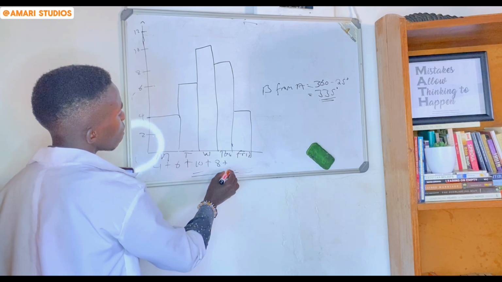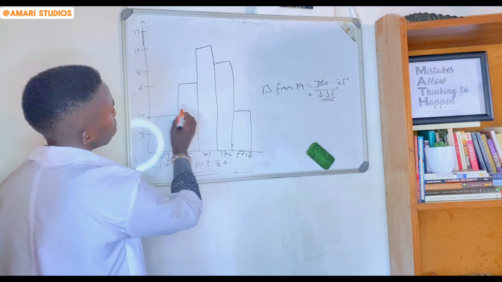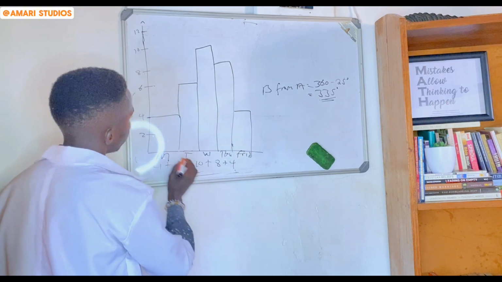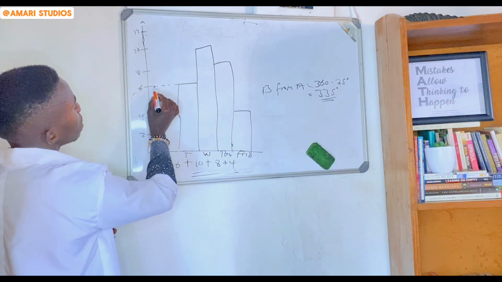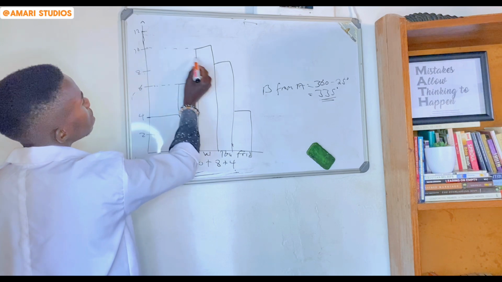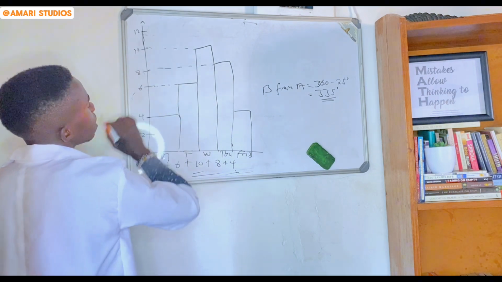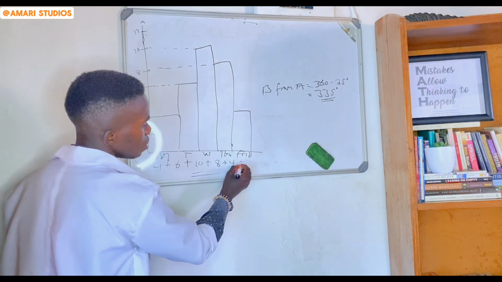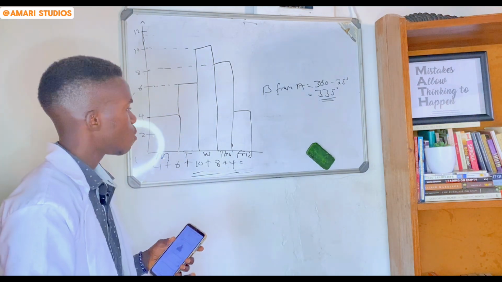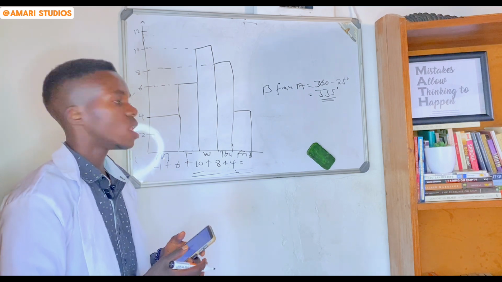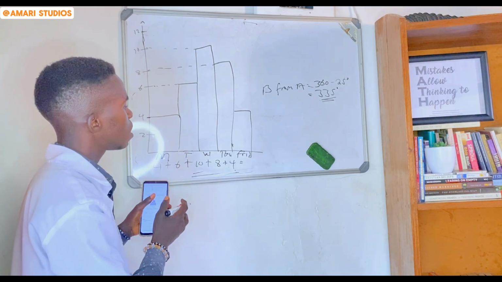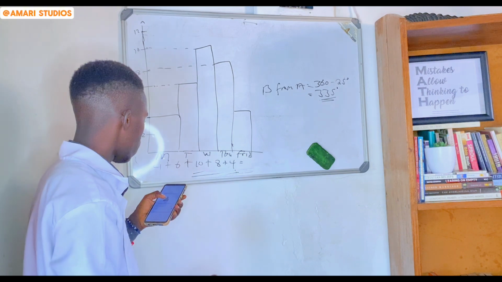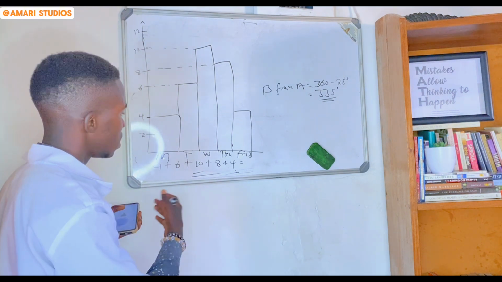Then on Friday, it was 4 again. If you add these numbers, they're going to give you the total amount of rainfall that was received during this week from Monday to Friday.